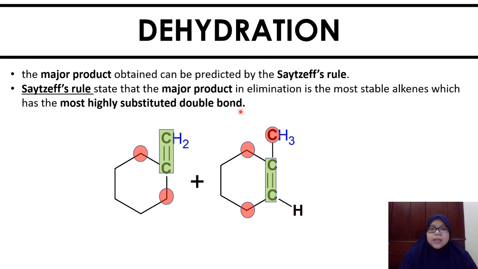Which one is more highly substituted? Of course, the product on the right side, because it is attached to more carbons. This one is the major product. That is Saytzeff's rule to determine the major product.